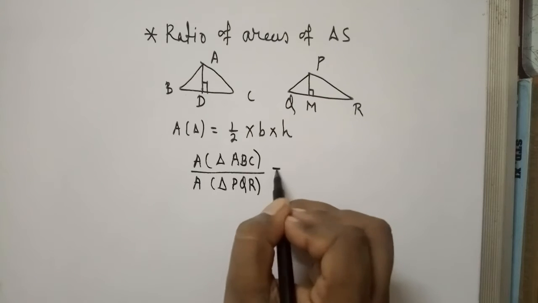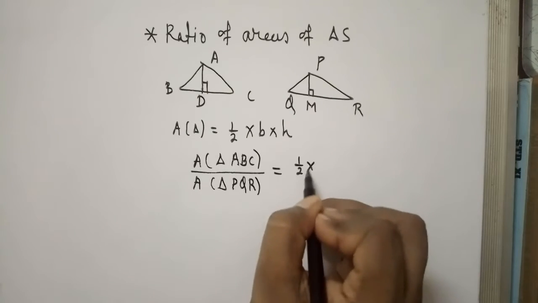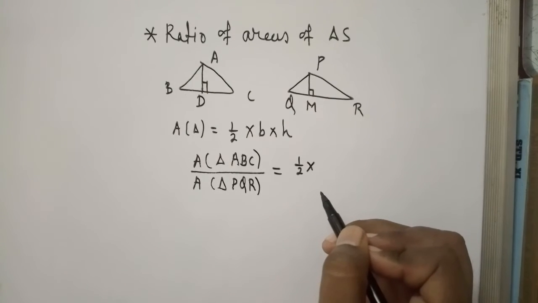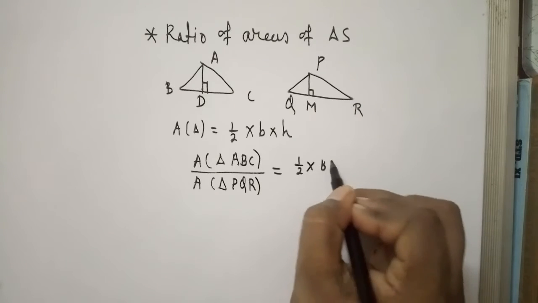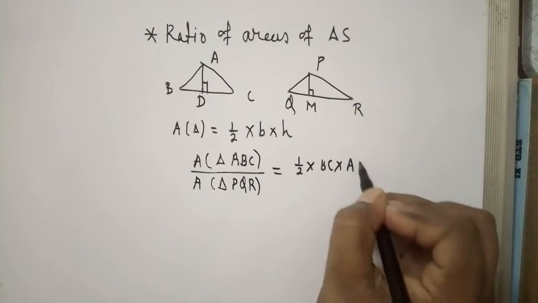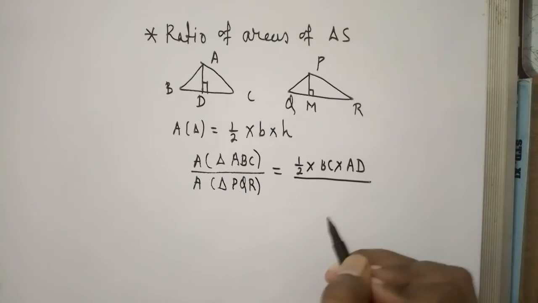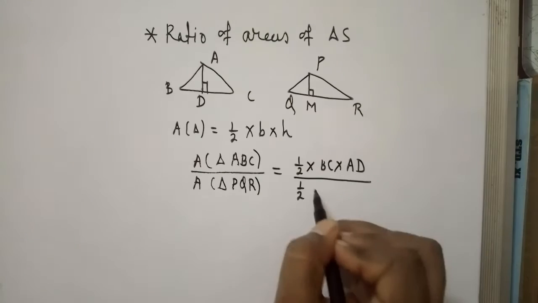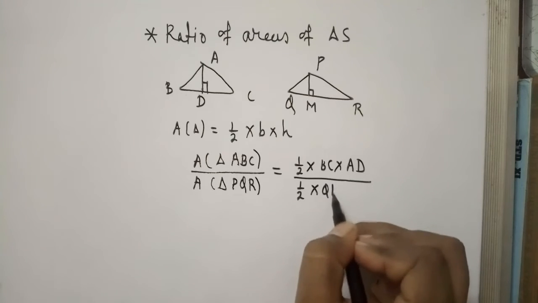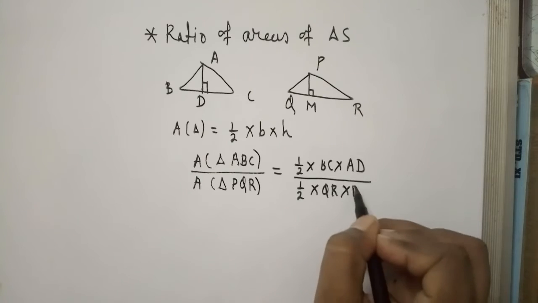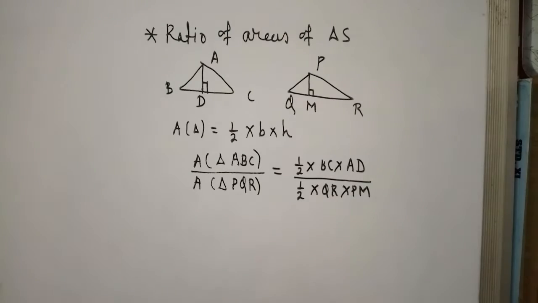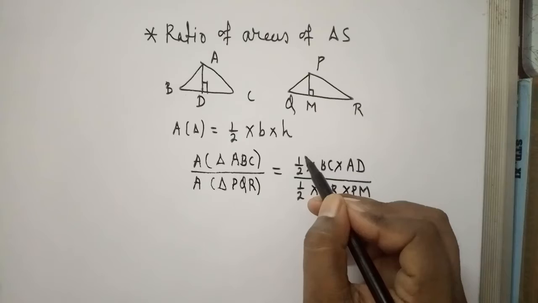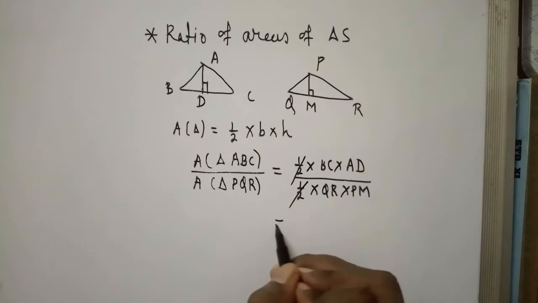This can be written as half into base BC, height AD, and for the second triangle PQR, same thing, half into base QR, height PM. So when we observe, this half gets cancelled. What is remaining?